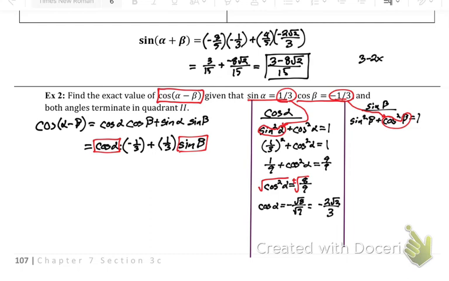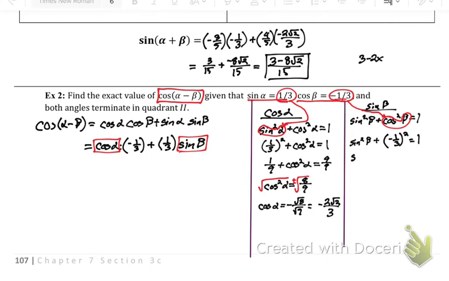All this is plugging stuff in. The hard part is to understand what you're plugging in and where. Okay, so now I plug that negative 1/3 in for that cosine beta. So now I have sine squared beta plus, use parentheses to plug in that negative 1/3, squared equals 1.